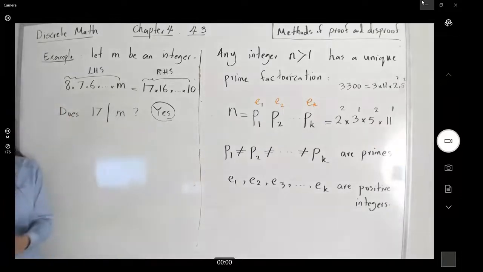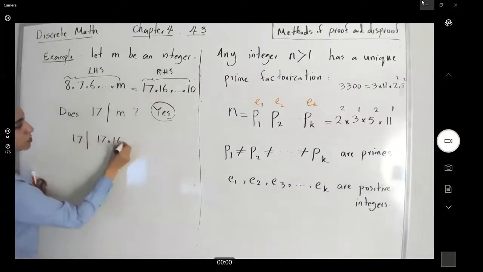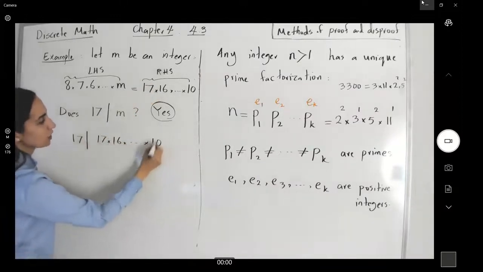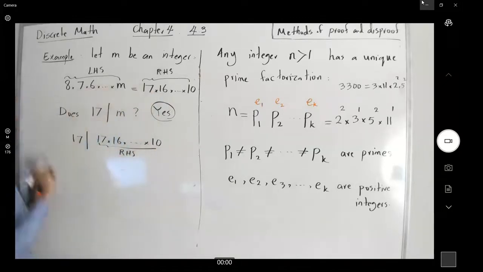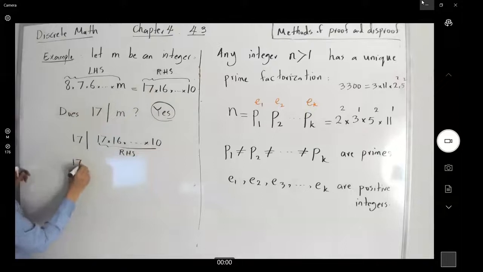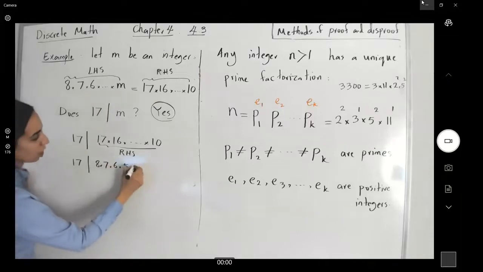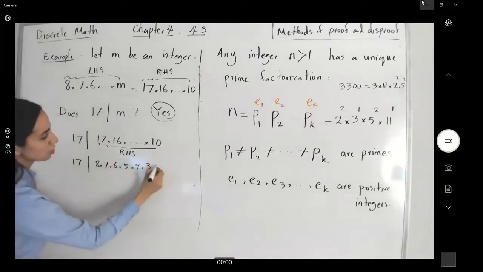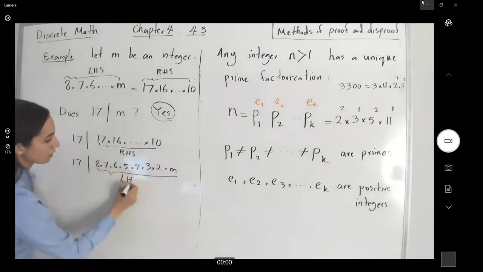Again, 17 divides the right-hand side, which is 17 times 16 dot dot dot 10. The right-hand side and left-hand side are equal to each other, so 17 must divide the left-hand side as well: 8 times 7 times 6 times 5 times 4 times 3 times 2 times m.